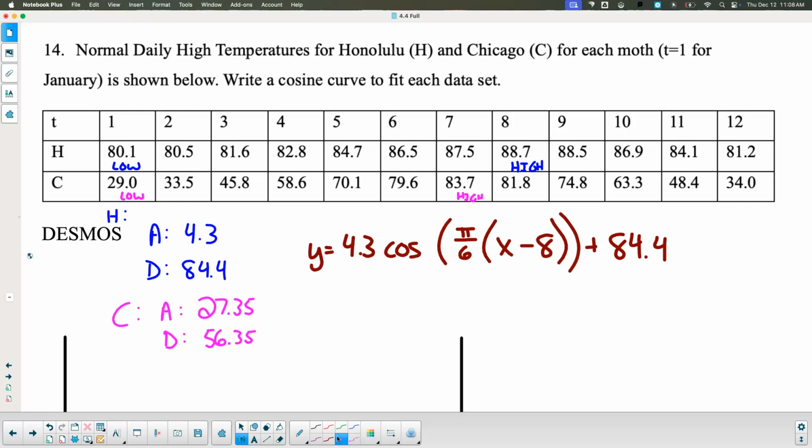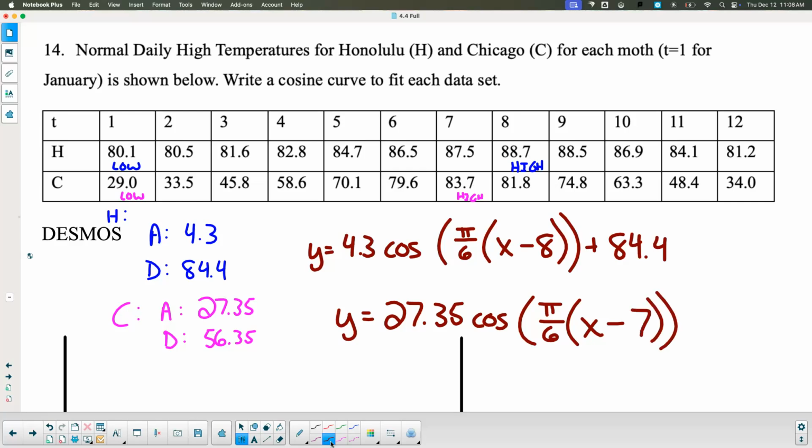So that one would be y equals 27.35 cosine of pi over 6 times x minus 7 plus 56.35. I would also accept a negative 27.35, and instead of minus 7, it would be minus 1.